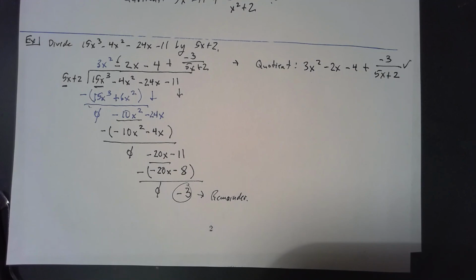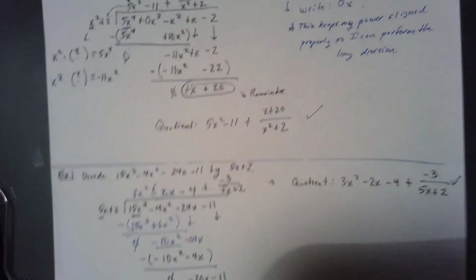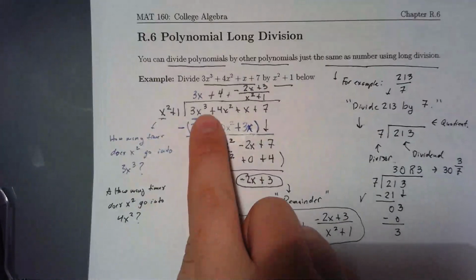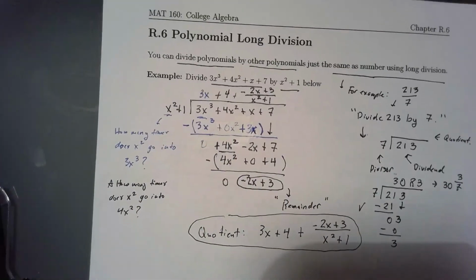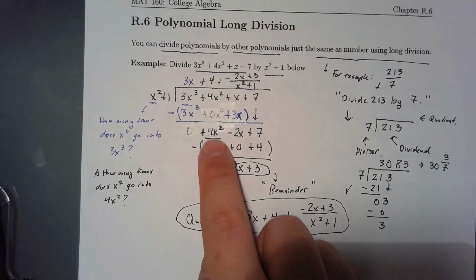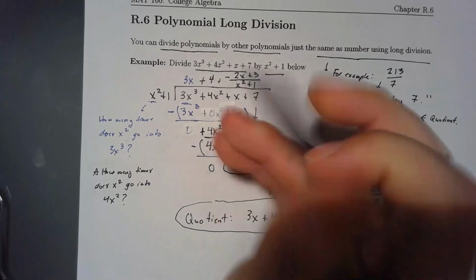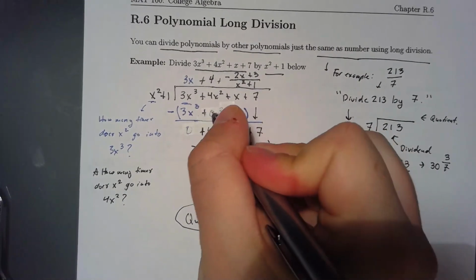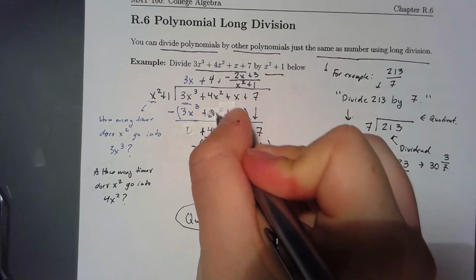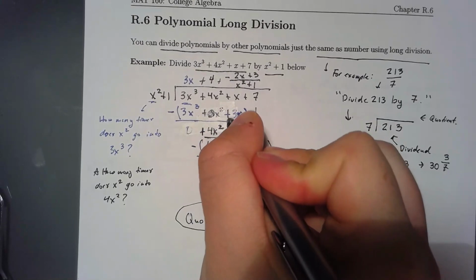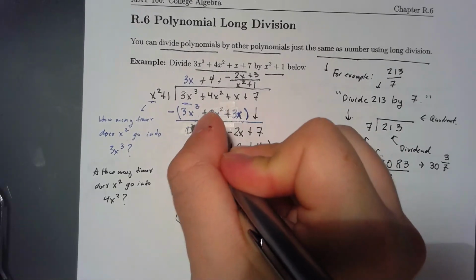All right. So that's long division of polynomials. I showed you 3 examples. It does take a little practice, but as long as you keep the powers aligned, you'll be fine. I think that's the only confusing part. I kind of confused myself here by not keeping track of it initially.